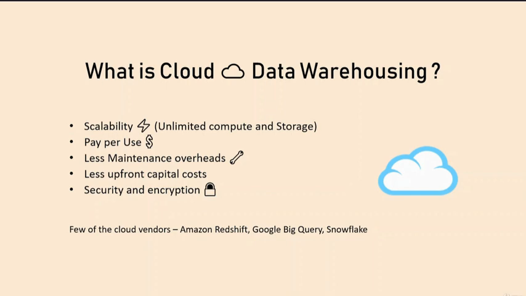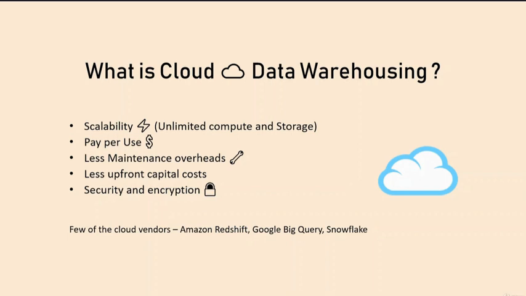Even the software patches are done by the vendor. Whereas in a traditional data warehouse, you need to host the software, the required hardware, and the network infrastructure. Everything has to be built in-house, and it needs to be maintained by a team of engineers on site.